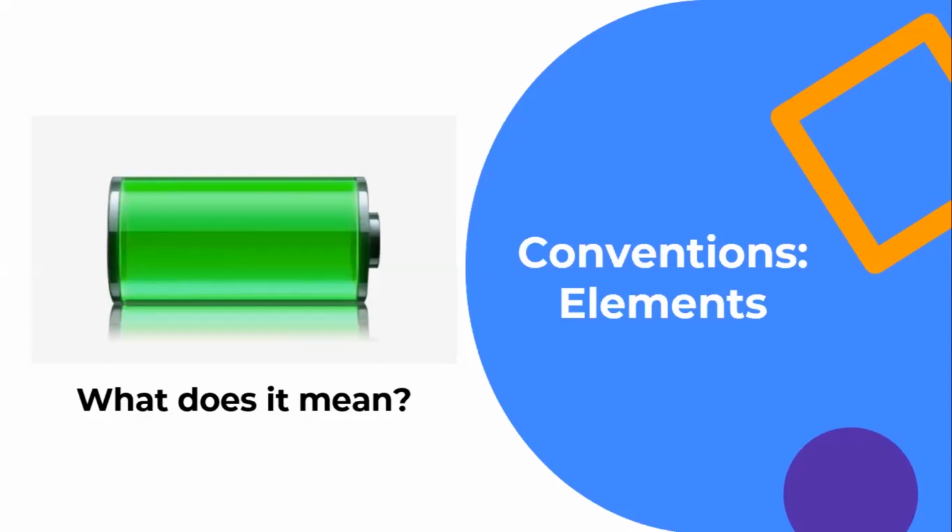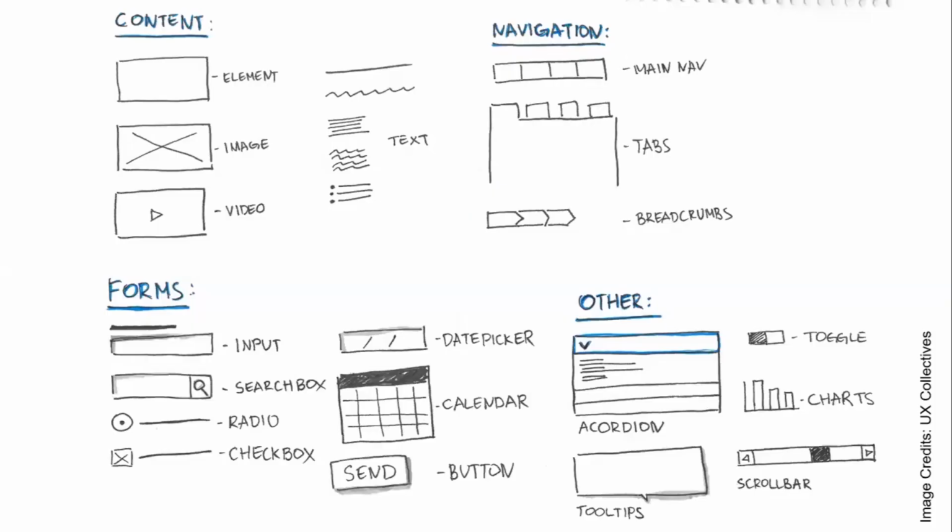Similarly, when we begin to sketch our ideas, there are simple elements we can use that others will easily understand. Some of those elements include lines. We can use lines to represent text, annotations, and even for some shading. We can use squares. These can represent buttons or images.